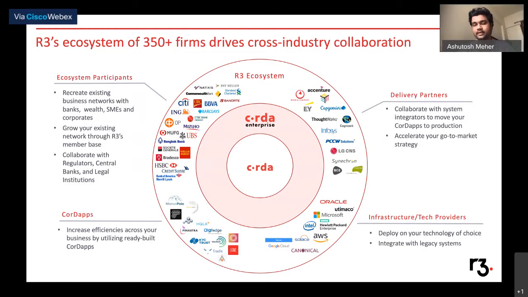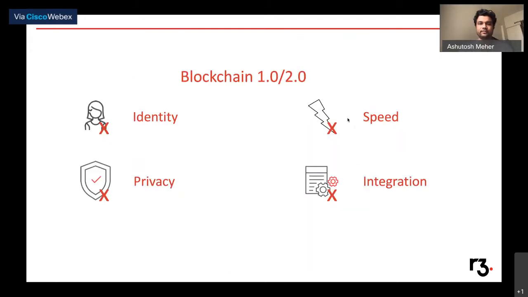The SIs are your delivery partners, who deliver services to clients who want to develop on top of Corda. And finally, we have infrastructure providers, like AWS, who provide infrastructure for running Corda.